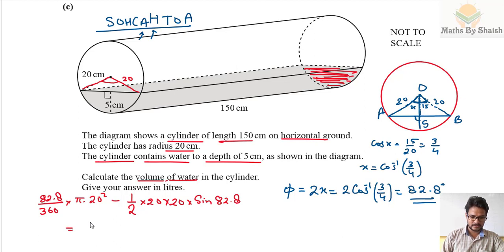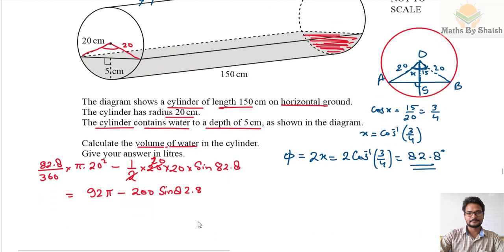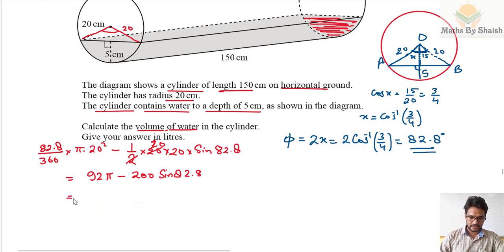82.8 divided by 360 and then multiplied by pi into 400. This is coming 92 pi minus, we can calculate this, half of 400 is 200, so 200 sine 82.8, and the value is 90.6.